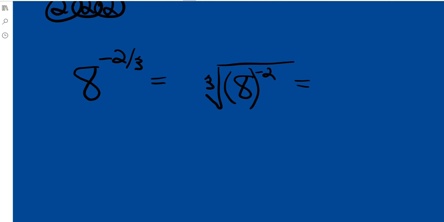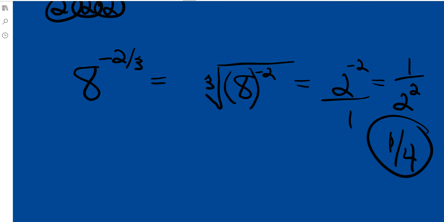We know that to be 2, which is 2 raised to the negative 2. And then when I simplify this, it's going to be what? 2 raised to the negative 2 is the same as saying what's 1 over 2 to the positive 2. Or I'm changing that negative exponent to positive by bringing it from the numerator to the denominator. And there I've done that here, and 1 over 2 raised to the 2 is 1 over 4. And that's good.